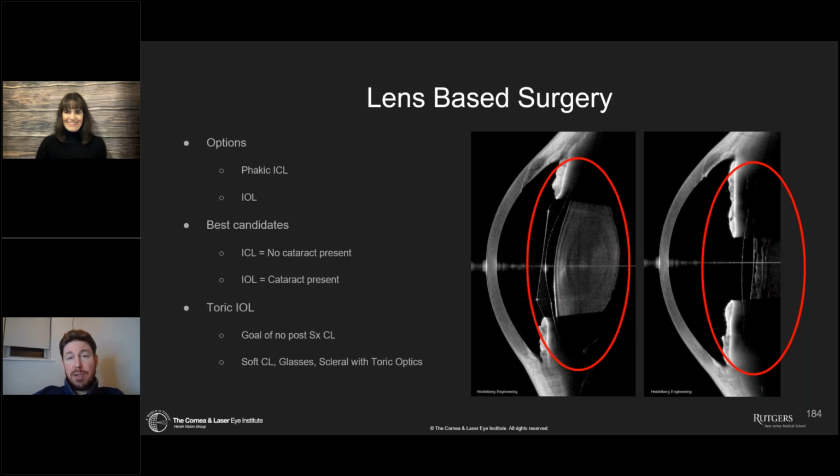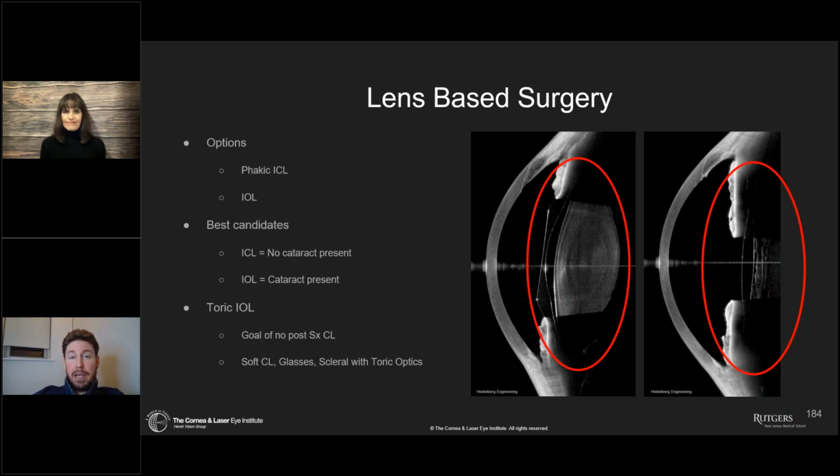And lens-based surgeries, if you've done those procedures to smooth out the cornea, phakic IOLs and IOLs are great options for these individuals. If you're going to go toric, though, on either an ICL or an IOL, we need to understand the goal of this, and if it's post-op no contact lenses, that needs to be determined beforehand.